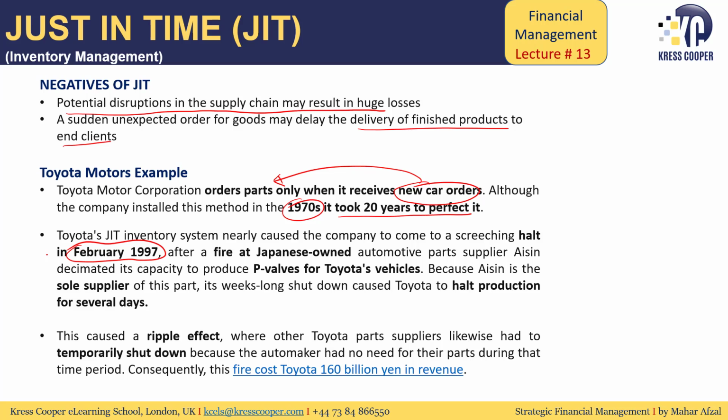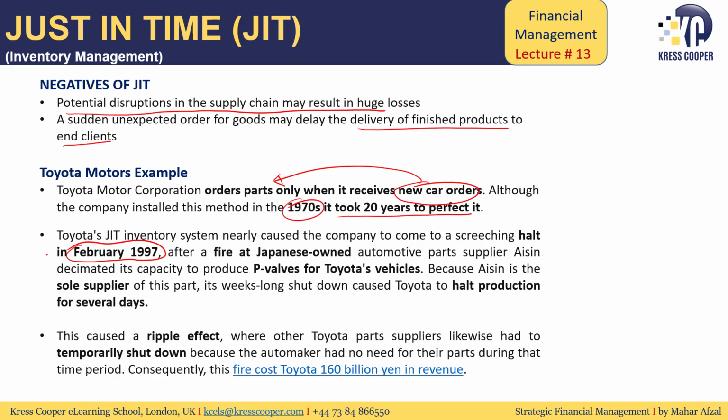This was the sole supplier, and the fire broke out in the plant of the Asian supplier. Due to this, their production was disrupted, and ultimately supply to Toyota Motors was disrupted.